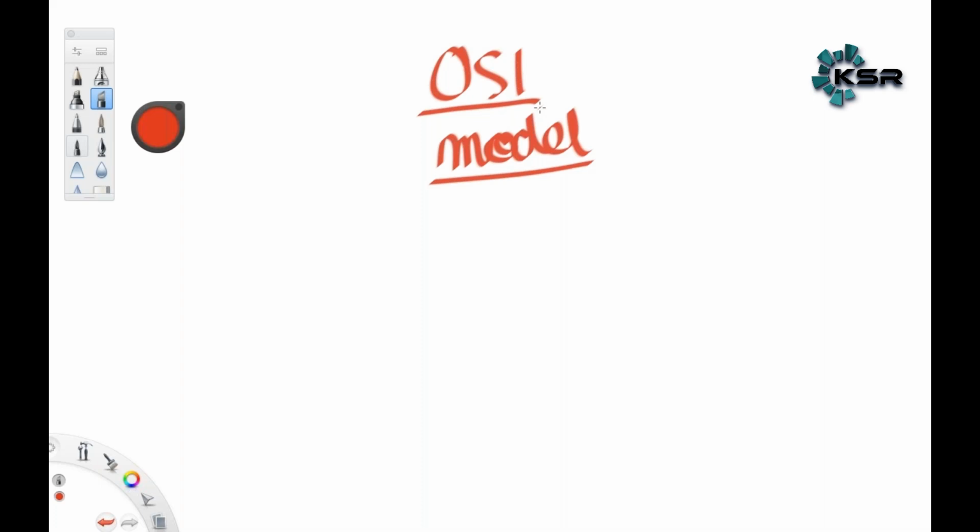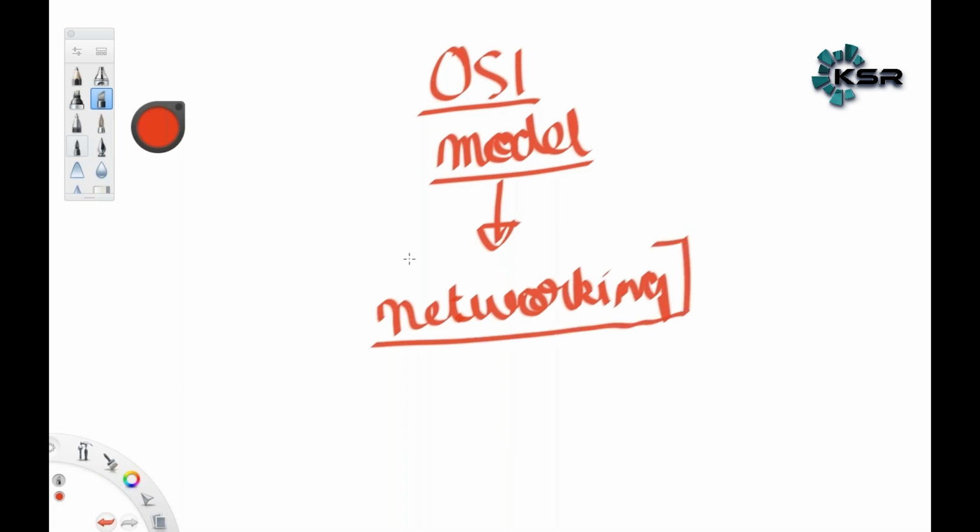Nope, nobody? Okay. It's a model for computer networking. Basically, before this model was introduced in the world, the communication was happening in a haphazard manner. People didn't know what was happening.